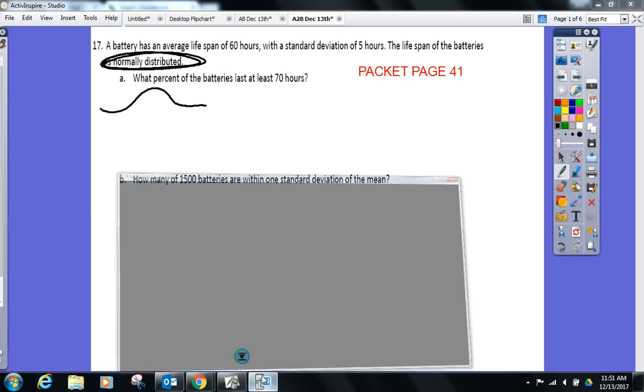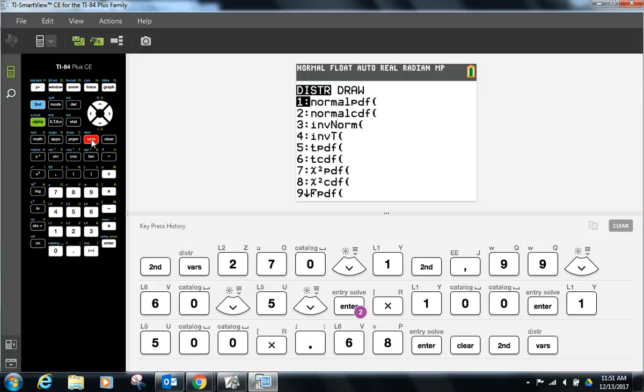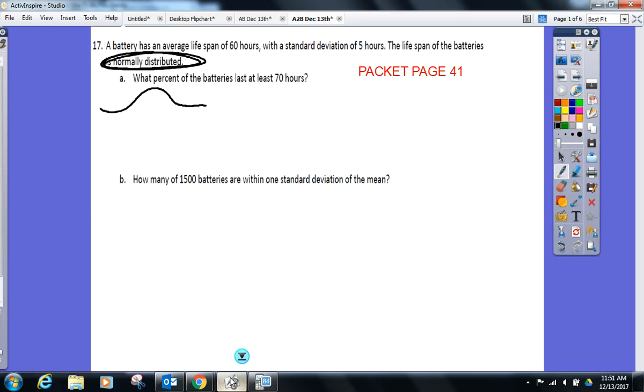I need to go to second, nowhere near stat on this one. That's only one var stat. Second, vars, and which one do I need? You remember? CDF, yep. So we're going to go normal CDF here.